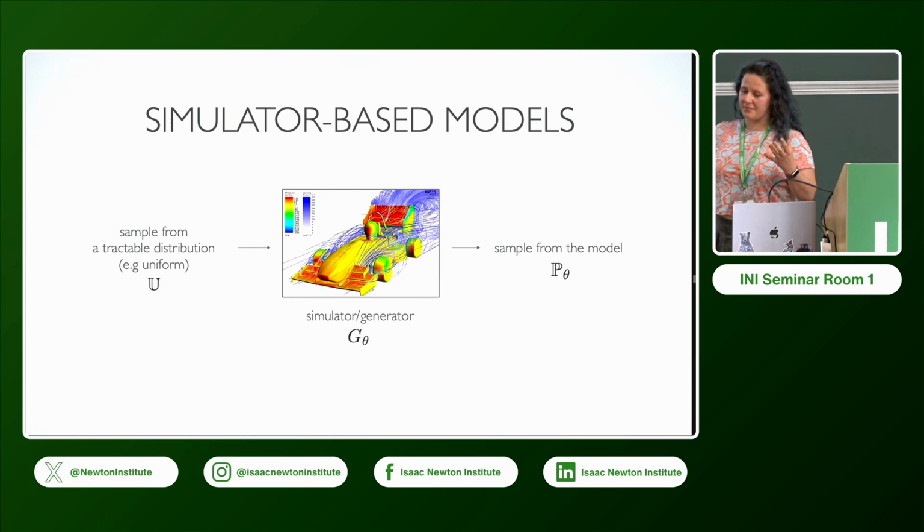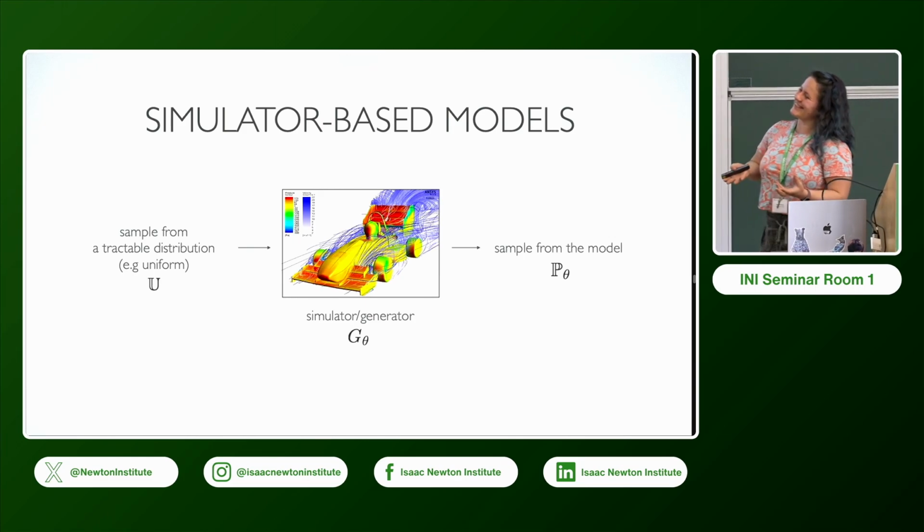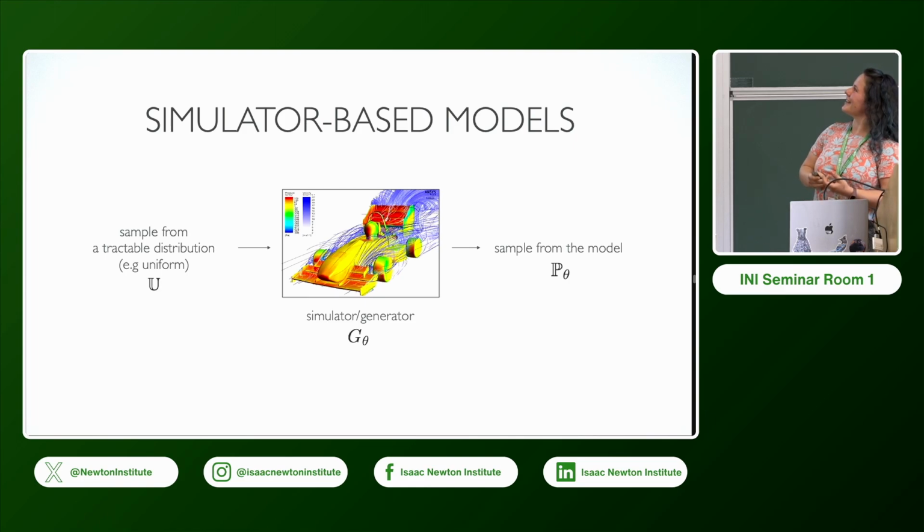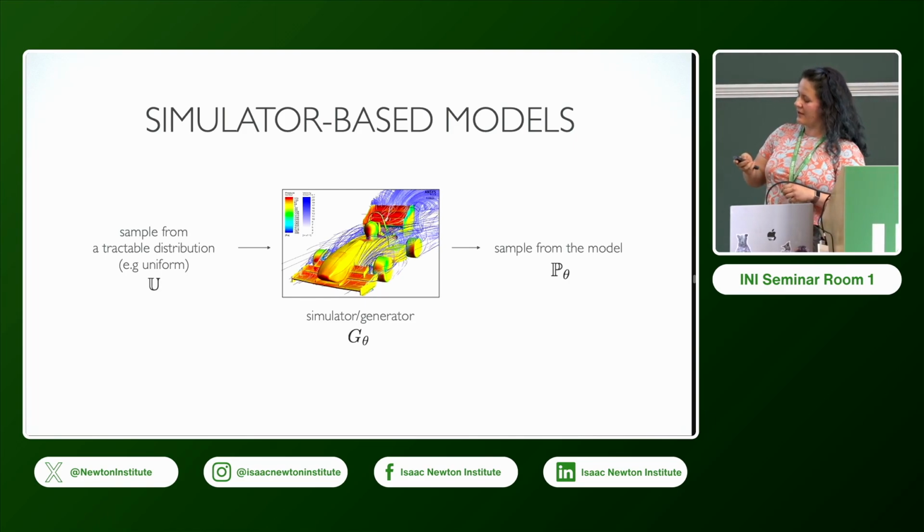And this isn't a made-up setting. It appears in simulation-based inference, where our model is expressed as a tuple of a distribution and a map that I'm calling a simulator or a generator. To sample from the model, I sample from a distribution, apply the map, and get samples from the model as an output.